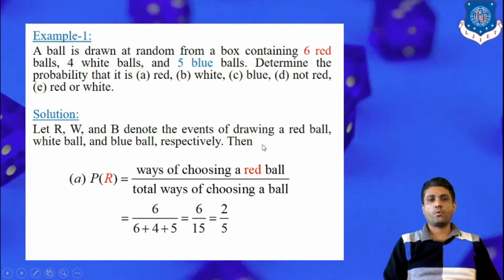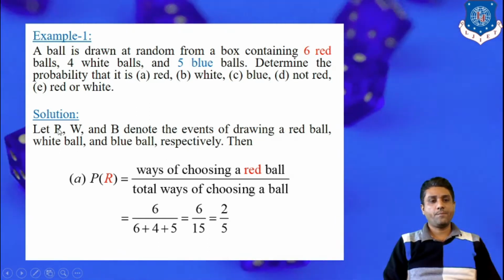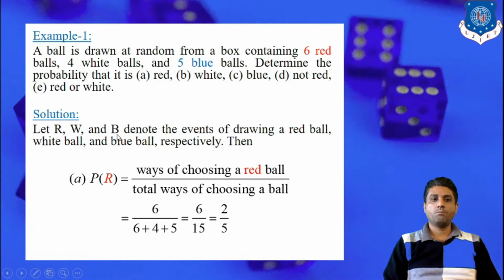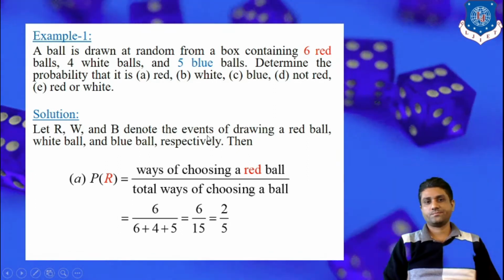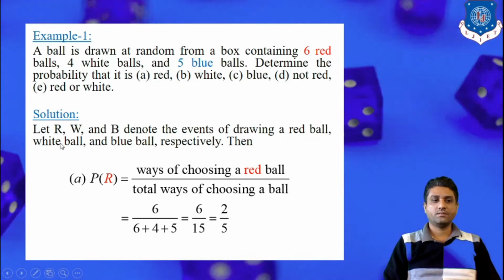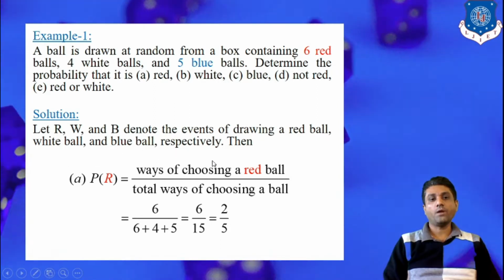Same thing we write down here: let capital R, capital W, capital B denote the events of drawing a red ball, white ball, blue ball respectively.